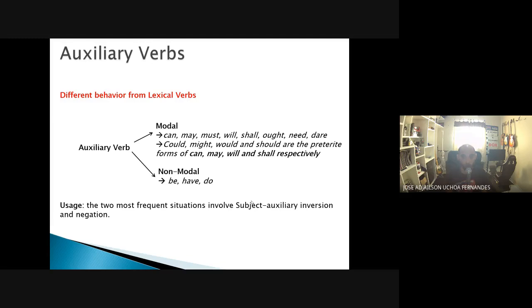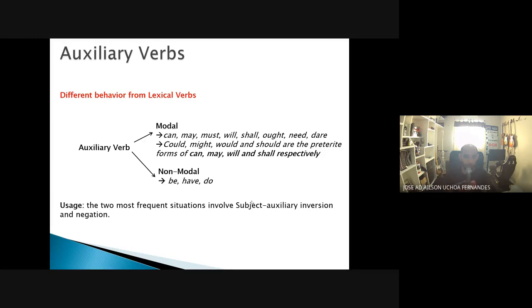It does not mean that they are not there in affirmative sentences, but in some sentences they are kind of hidden. Let's use this term here, hidden, but they are there. For example, let's get a sentence in the present: I like ice cream.